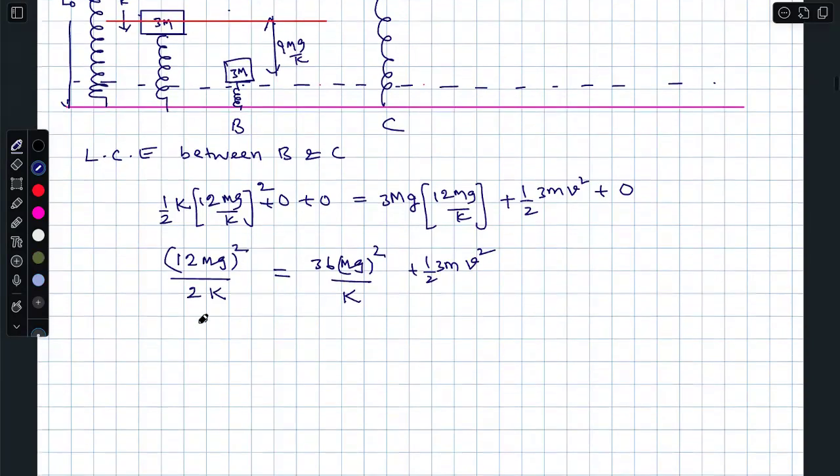Hold on. Now we need to solve this. 12 square minus 12 square by 2 minus 36 times ma.